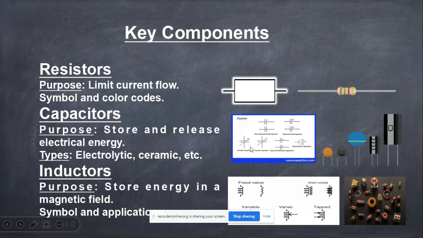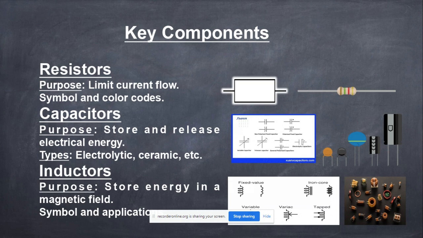As you see in the symbol, this one is the non-polarized fixed capacitor. This one is polarized and this one is non-polarized. This one is also polarized, and this one is also polarized, but this one varies depending on the given voltage or current.